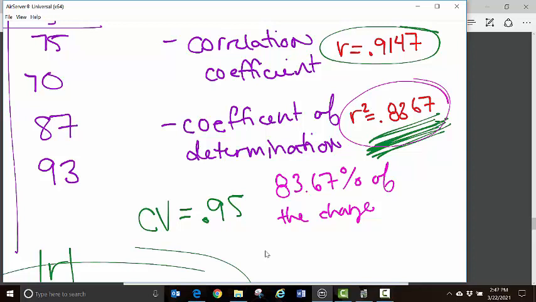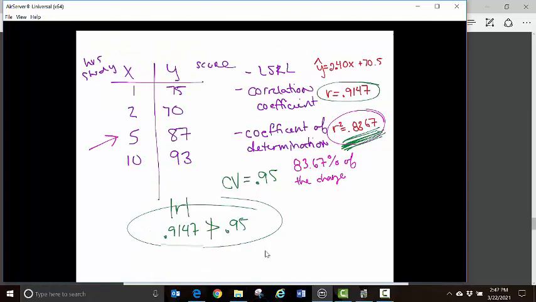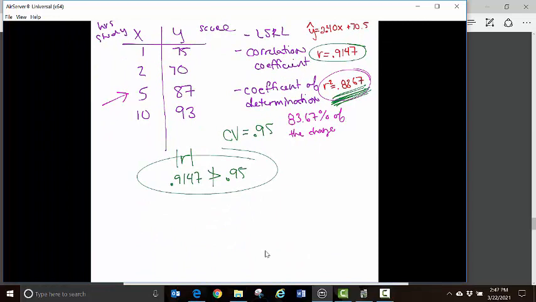We've got our least squared regression line. What would I predict a kid would have? What would their score be if they studied 5 hours? Now, one kid had a score of 87, but what would I predict a kid would have if they studied 5 hours and it wasn't a specific kid? What would my prediction be? How would I figure that out?